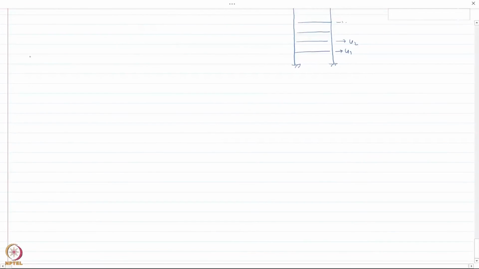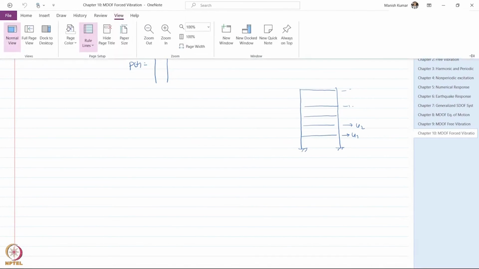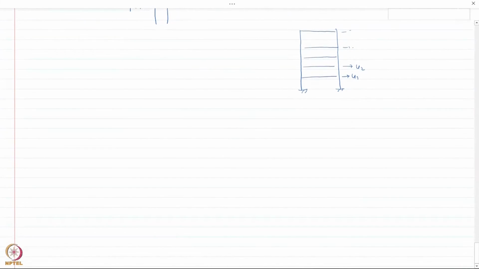Remember, first we found out how to get the total displacement response, using the total displacement as a sum of the individual displacements for each mode, which is nothing but the summation over all the degrees of freedom of phi n and qn. This was the modal analysis procedure that we had followed.